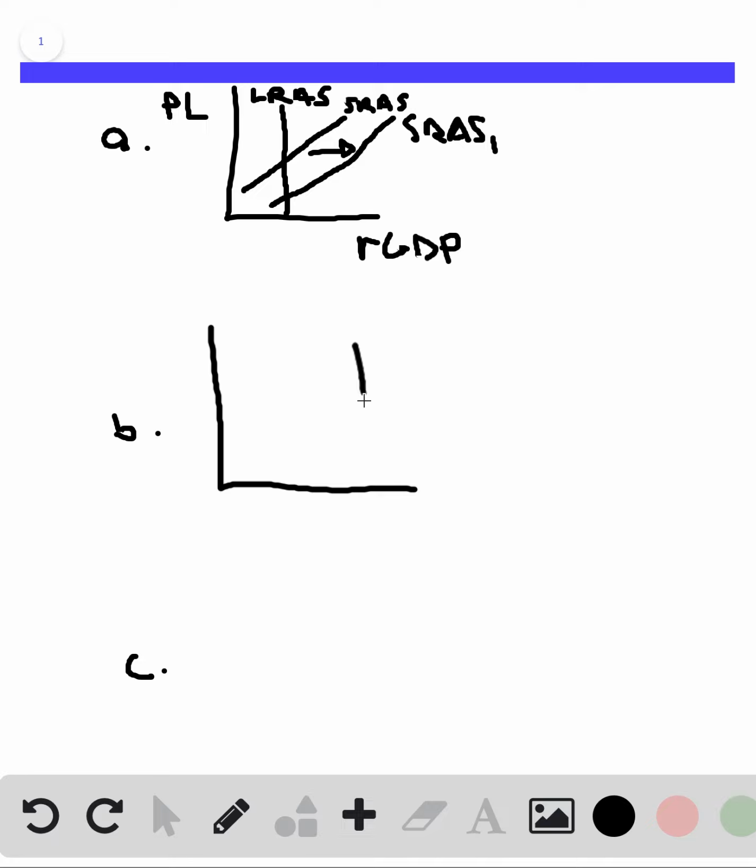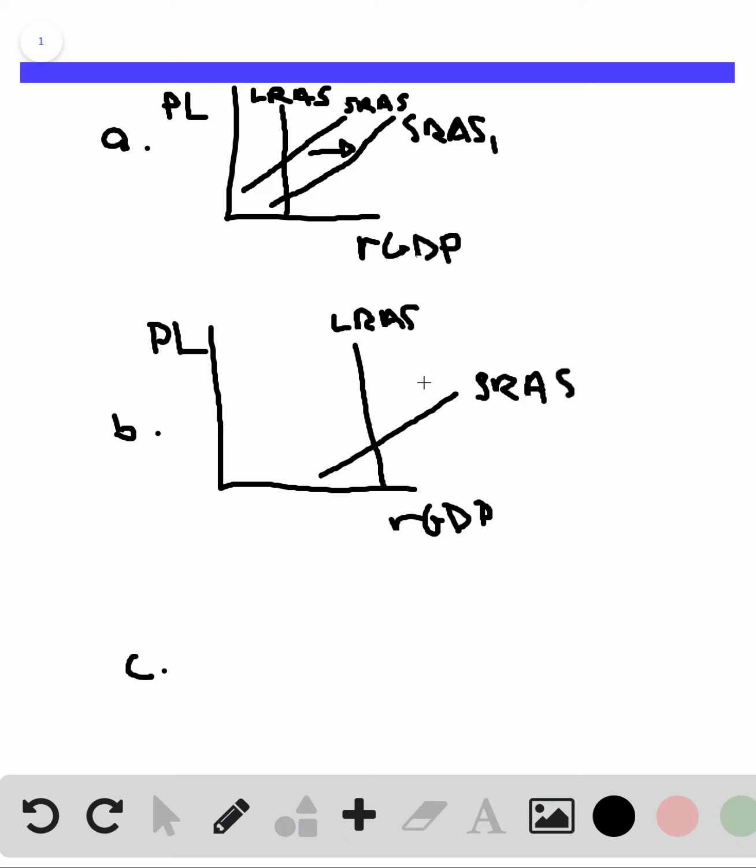we are going to have, again, the long run aggregate supply curve. We're going to label our axes with price level and real GDP. Then we're going to have our short run aggregate supply curve. And here in this example, we know that we previously underestimated the price level.